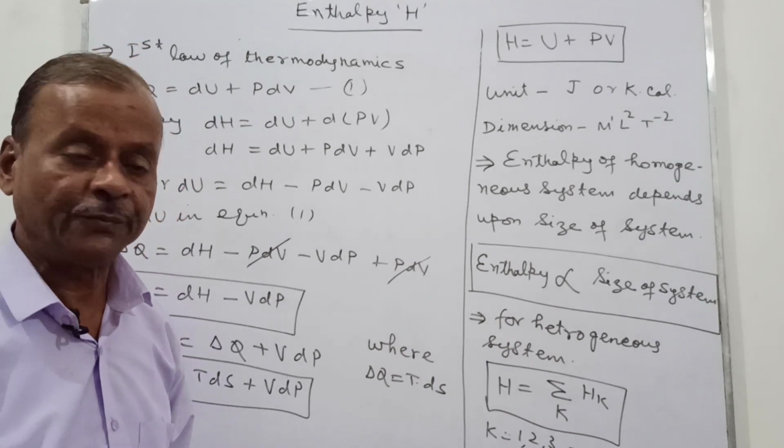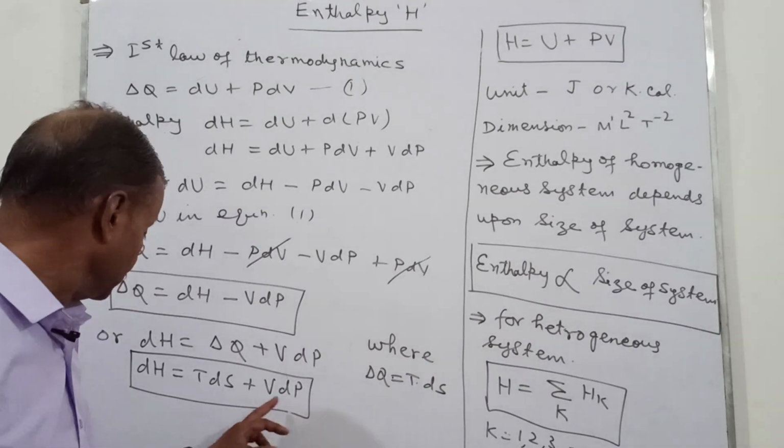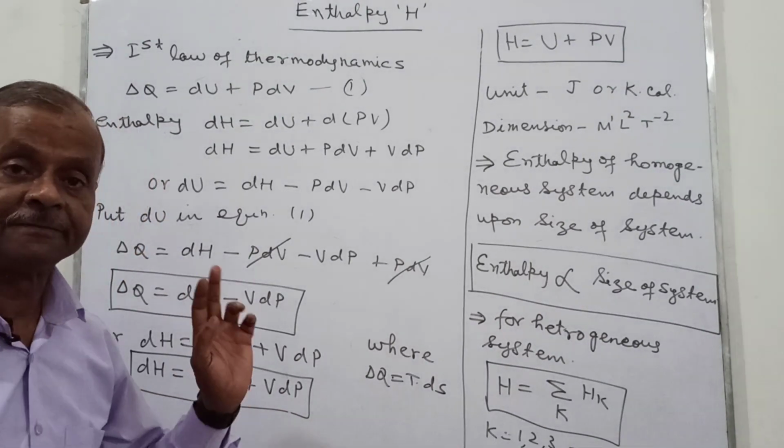So now you can see from here that if P is constant, then dH equal to TdS.